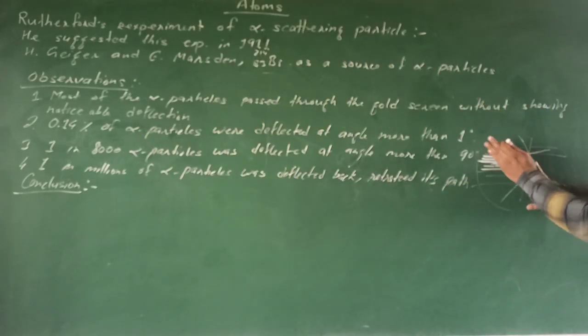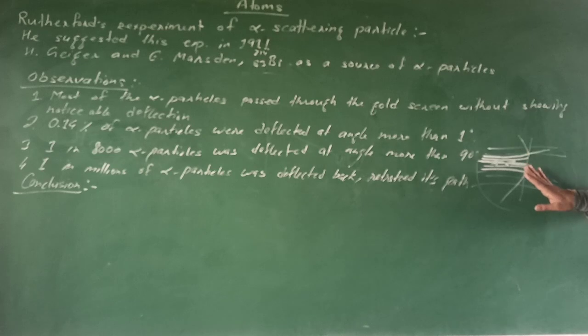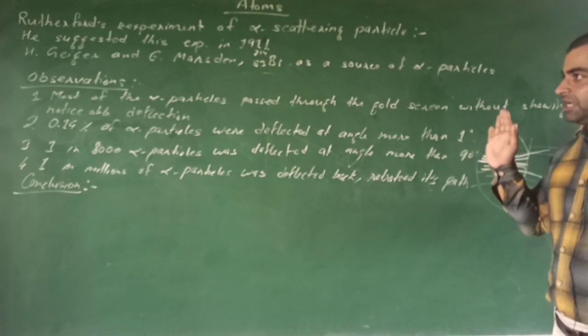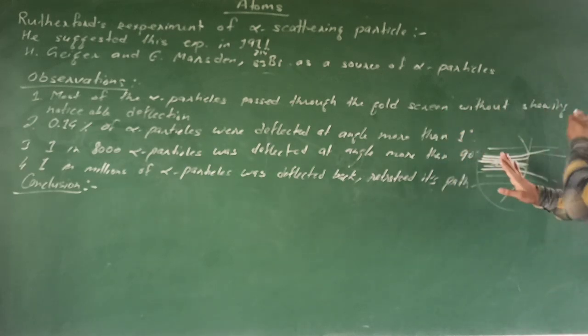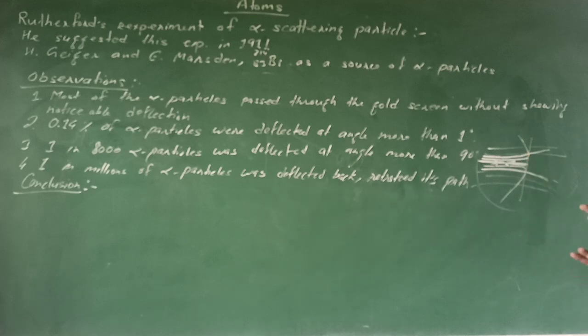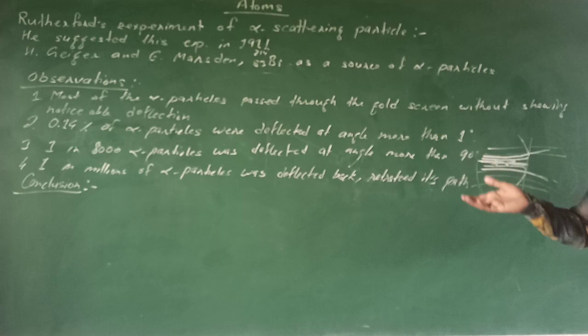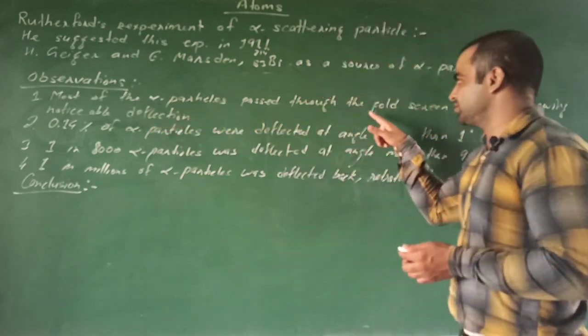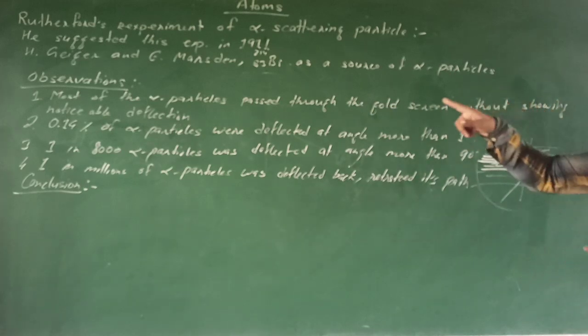If the alpha particles are passing straight without showing any deflection, it means the atom has empty space. Our experiment is showing this observation: most alpha particles pass through the gold screen without any deflection.